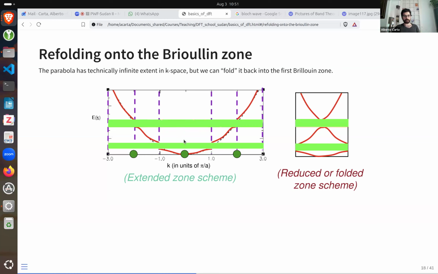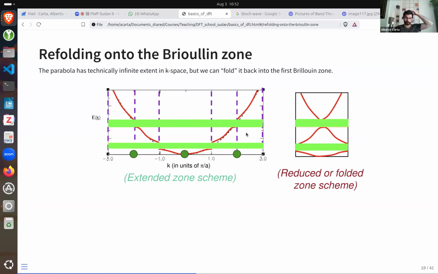The important thing here is that since we now have a periodic function, we can refold everything into the Brillouin zone. I'm not going to explain what a Brillouin zone is here, because you should have already had this. The idea is that we have a minimal part of reciprocal space in which we can describe the system, and all of these energies we can fold back into this smaller part of reciprocal space.